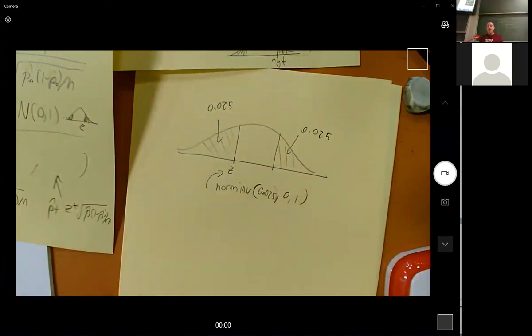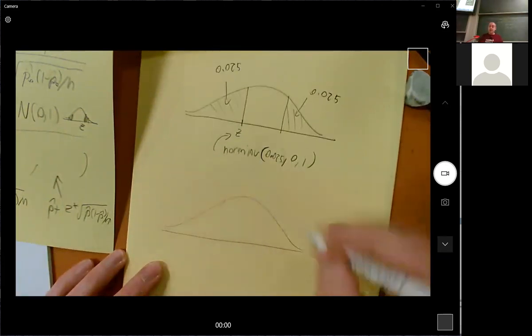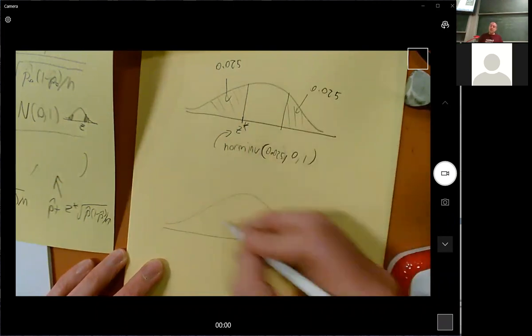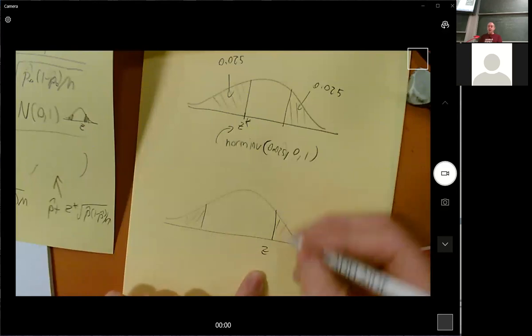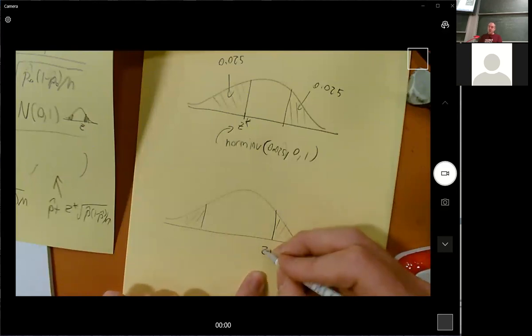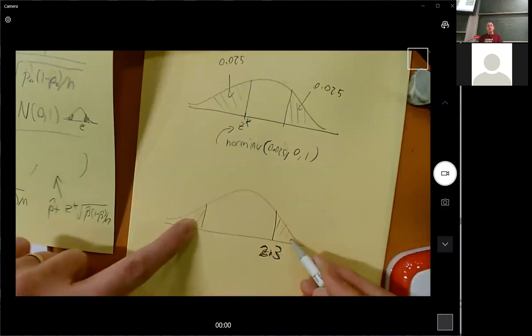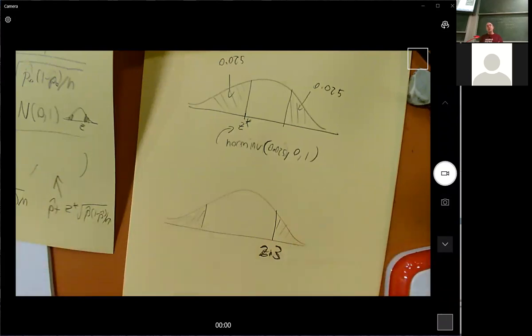If I just had a random Z, so this is my Z star, in a particular spot and I wanted to know what this area is, suppose this came out as like 2.3, for example, and I wanted to know what this p-value was, I would need to ask MATLAB what these areas are, and MATLAB can't tell me areas above, it can only tell me areas below.